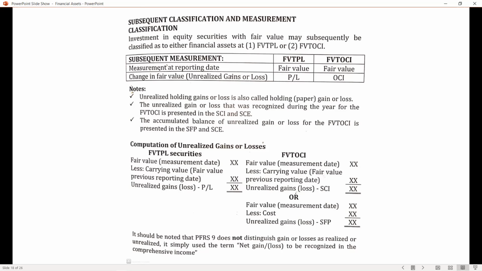anong ibig sabihin ng SCI? Statement of Comprehensive Income and Statement of, ano yung SCE? Di ko sure sa SCE.